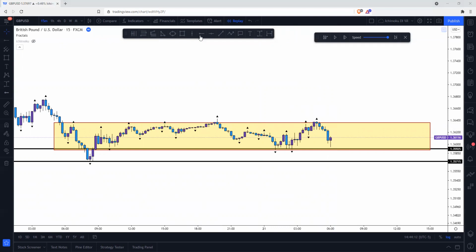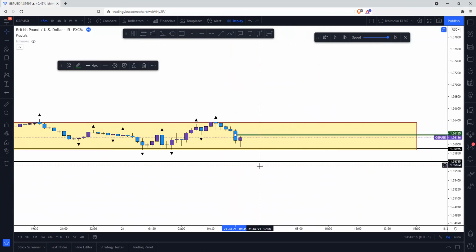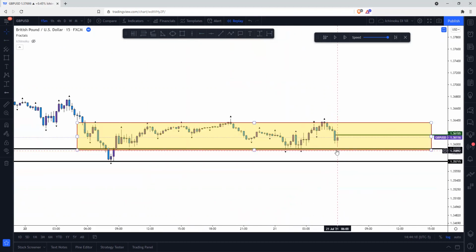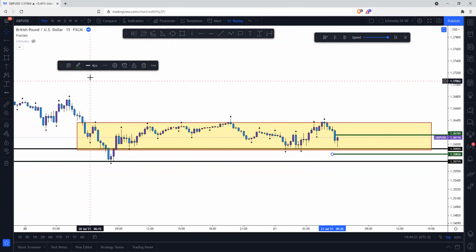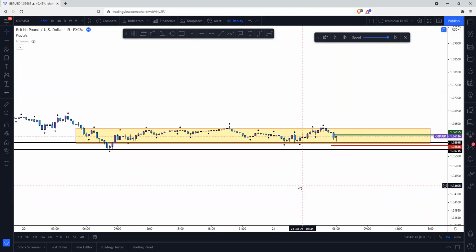That's enough confirmation to take this trade for just a pure price action trader. And you know that you have support down here, so you can put your stop loss probably in the middle of this zone here and entry right above that hammer candlestick.